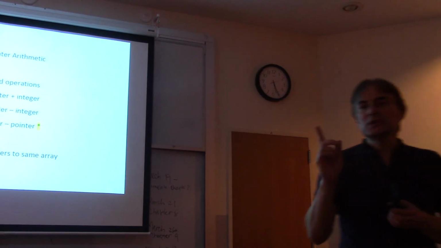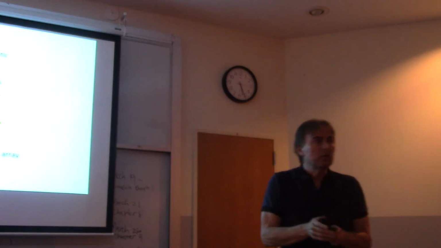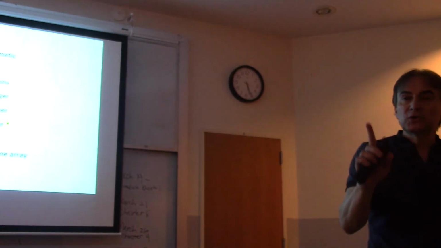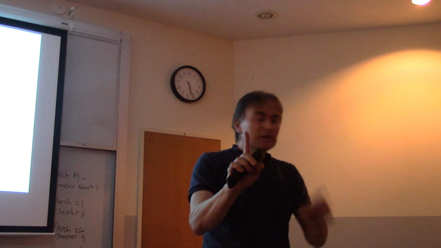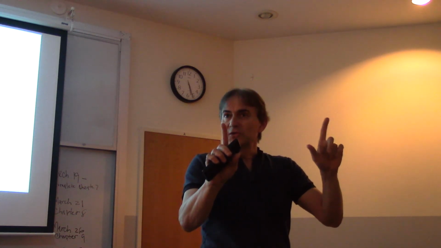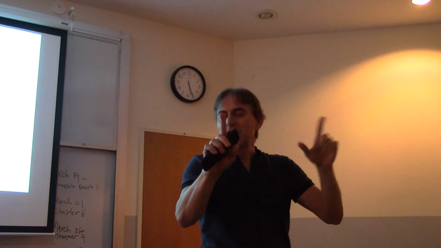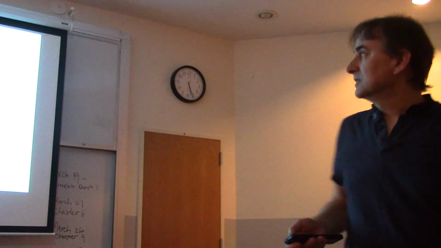You have to be very careful with that, because you could really get crazy stuff that will really mess your program up badly. Typically what you do is you fix the first pointer on the first element. Then you let the other one go do its thing. And then at some point in time, if you know this one is to the right of it, you say this minus that, and it tells you the number of elements in the array of that type.